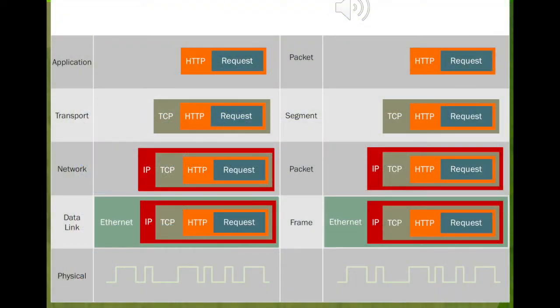In this slide, we're going to look at the different protocols and how they're encapsulated throughout the layers. So let's say you're going to make an HTTP request to, let's say, www.google.com.